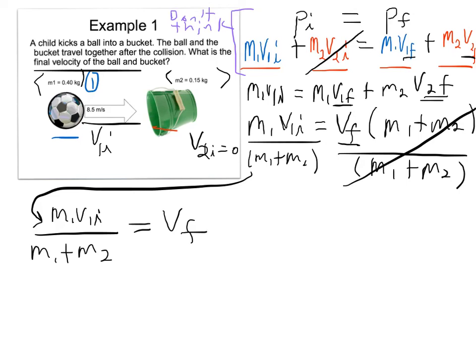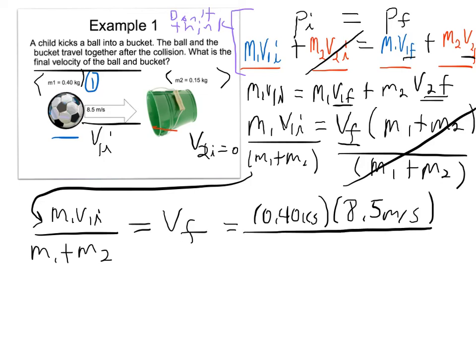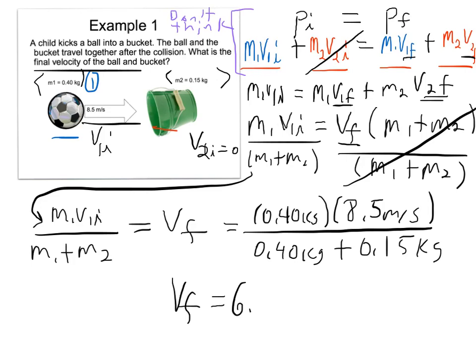Now let's plug in the numbers. m1 is 0.40 kilograms. v1i, according to the diagram, is 8.5 meters per second. Over the mass of the ball, 0.40 kilograms, plus the bucket, 0.15 kilograms. When I work out that math, I get that vf is 6.18 meters per second.